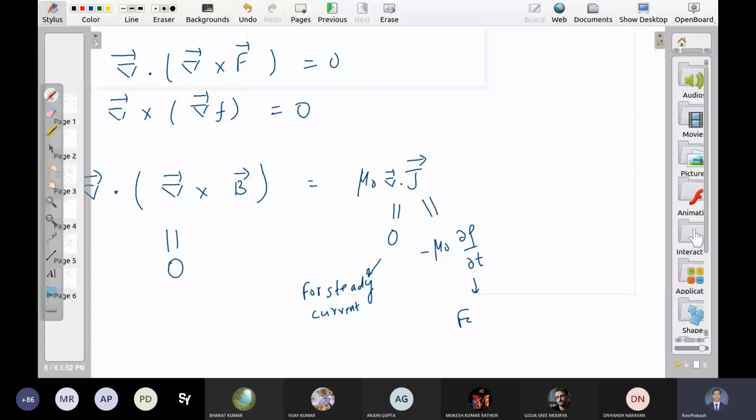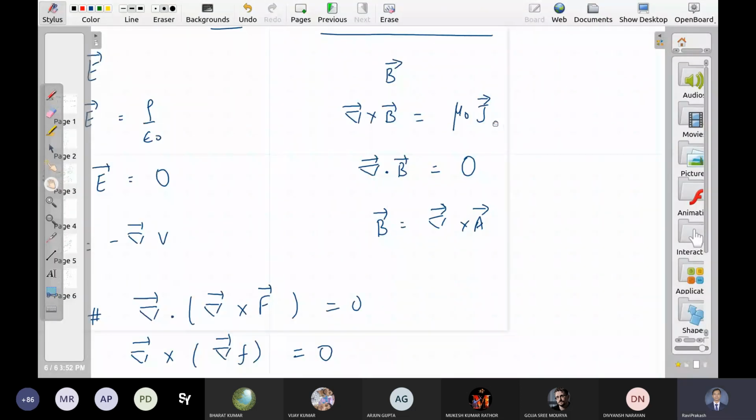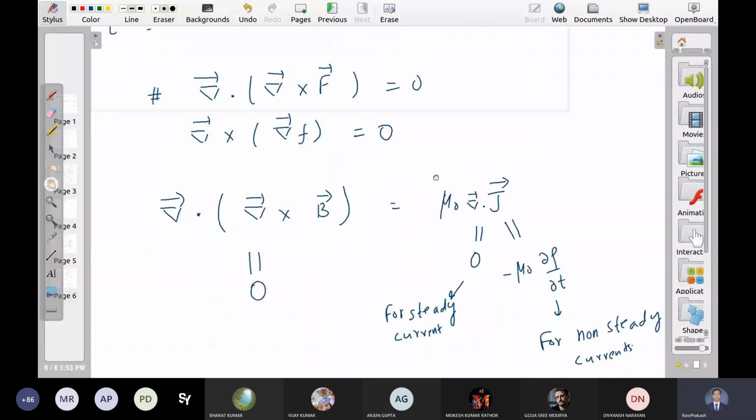For non-steady currents, this equation is not true. You can see left hand side is 0 if I take divergence, but right hand side is not 0. If I take divergence, I get some non-zero result.